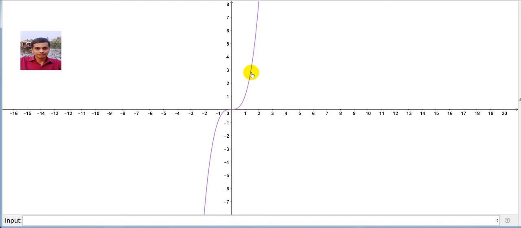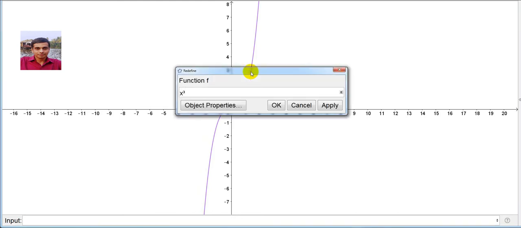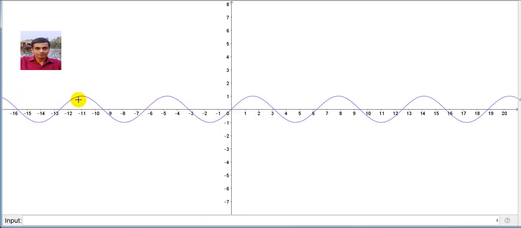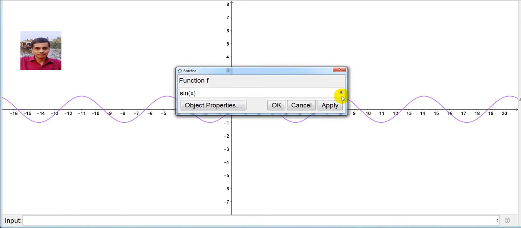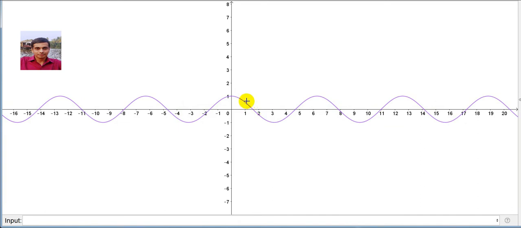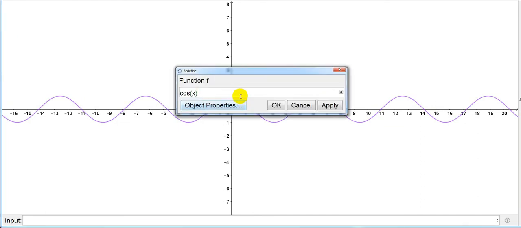Let us draw graphs of some trigonometric functions. First we will plot sin x, sine wave. Next function cos x, next function tan x.